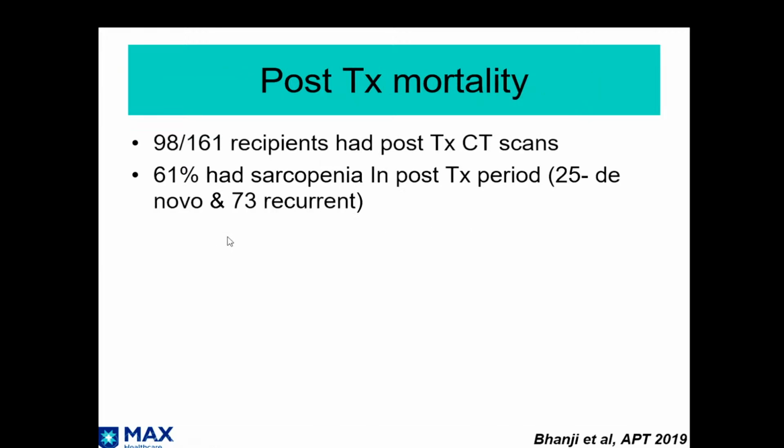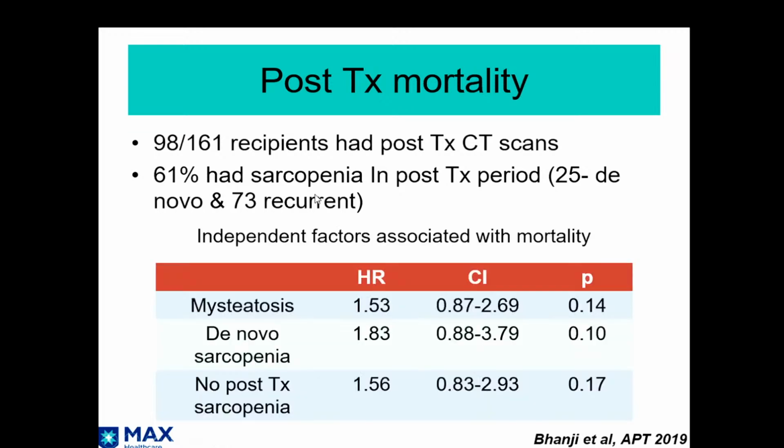Then people say that there are studies which suggest that in the post-transplant period, sarcopenia continues or new sarcopenia develops, or sarcopenic obesity develops, or myosteatosis develops. That is fat inside the muscle, which makes it even worse. So look at this study. 161 recipients, 98 had post-transplant CT scans, 61% had sarcopenia in the post-transplant period, 25% developed a new sarcopenia, 73% also had it in the pre-transplant period.